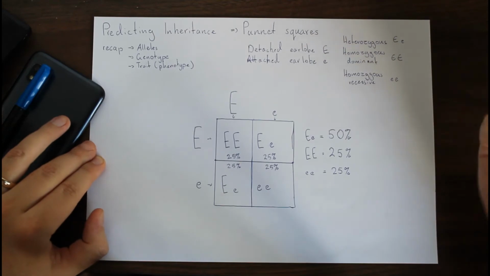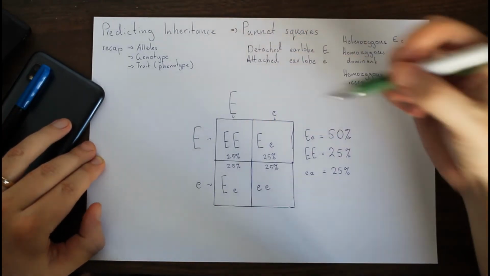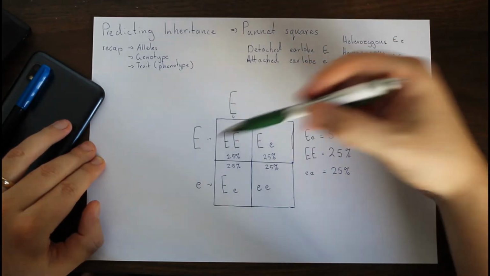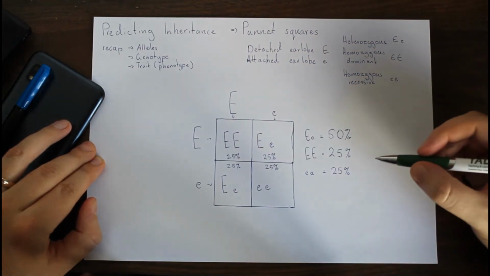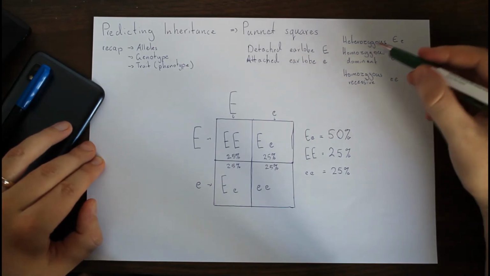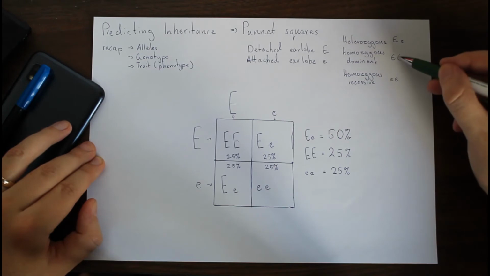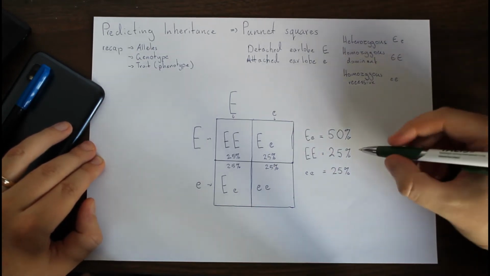So, what have we found? Okay, we've found that we have a Punnet square with 2 individuals who are heterozygous, giving us the inheritance probability of their offspring, and we can see that there's a 50% chance that the offspring will be heterozygous, a 25% chance that offspring would be homozygous dominant, and a 25% chance that offspring would be homozygous recessive.